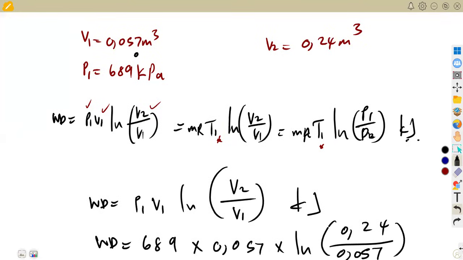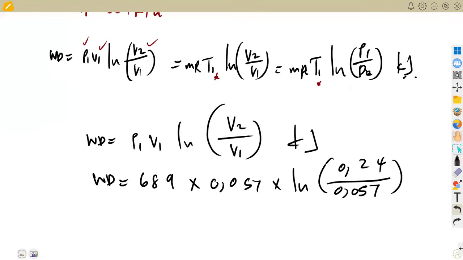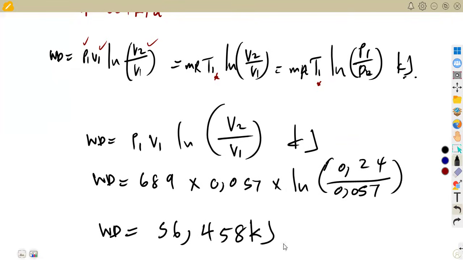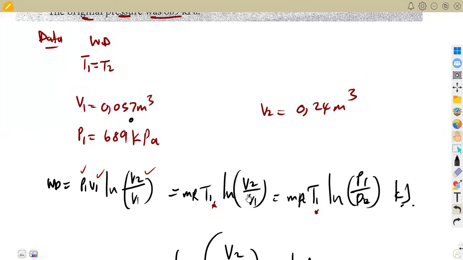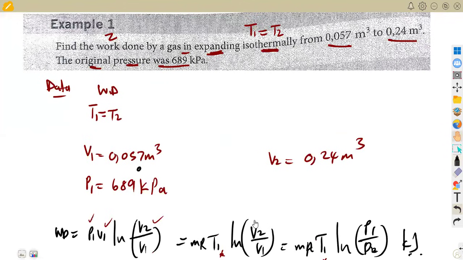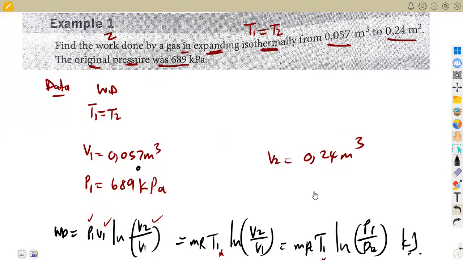So we talked about this formula. There's nothing that is new there. So this was just going to give you the work done direct, which is 56.458 in kilojoules. That is the idea there. So you just need the information and formula necessary for that particular question. So list your information so that you see which formula to use.